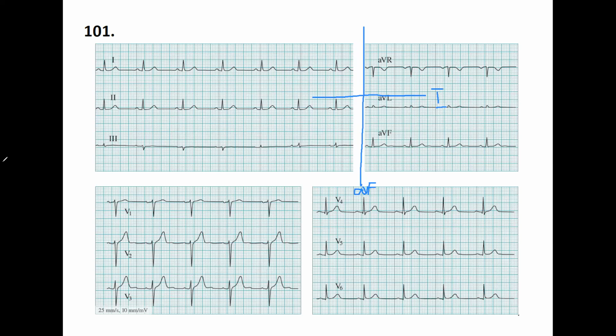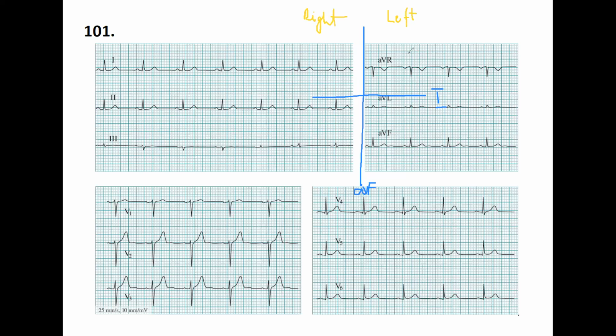Lead number one will tell us whether we are on the left side. That's a left, and that's the right.